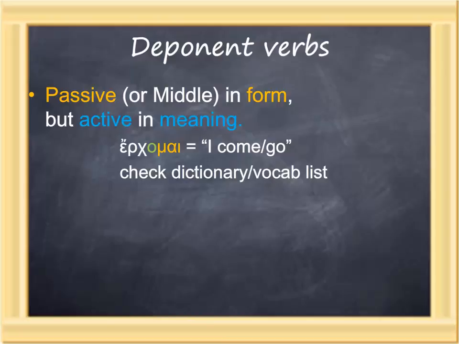But if the dictionary form ends in omicron, mu, alpha, iota, oh my, we sometimes say, it's a deponent. When parsing these forms that are middle or passive in form but active in meaning, the best thing to do is simply to say that they are deponent in terms of their voice.